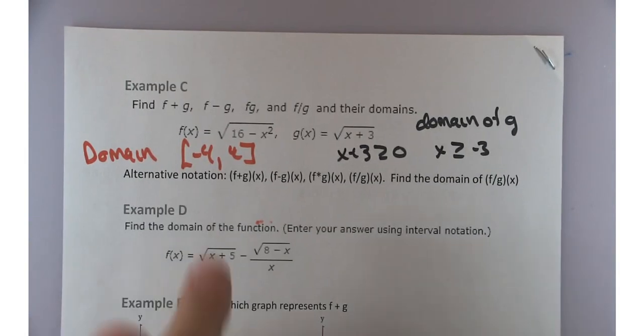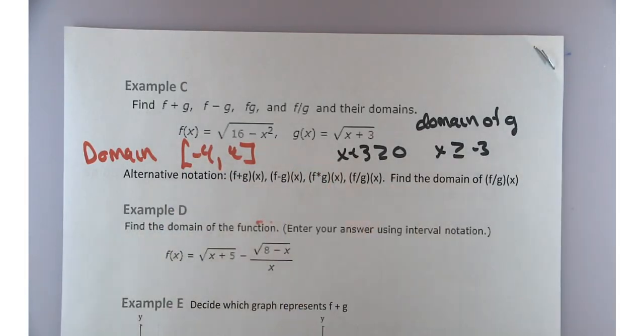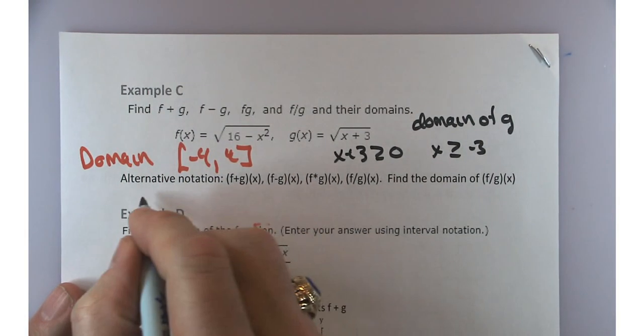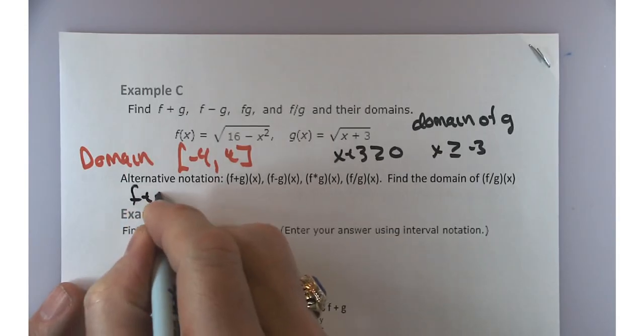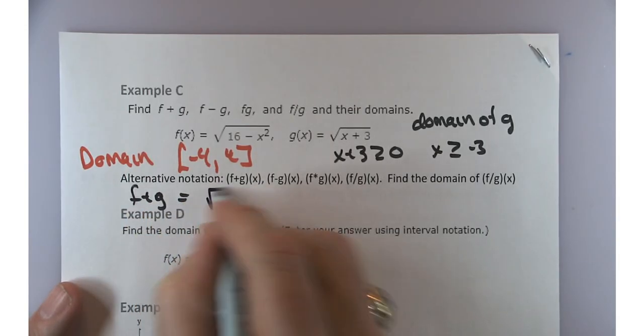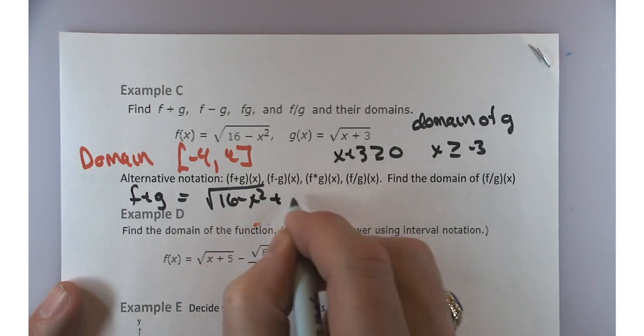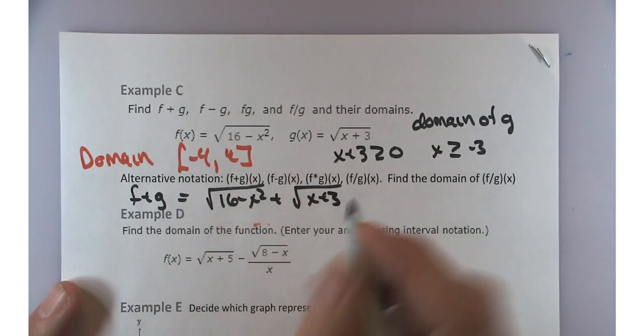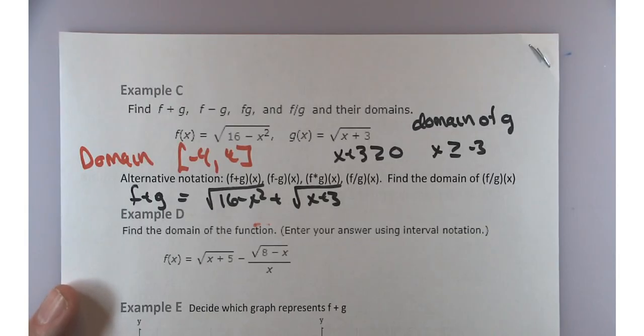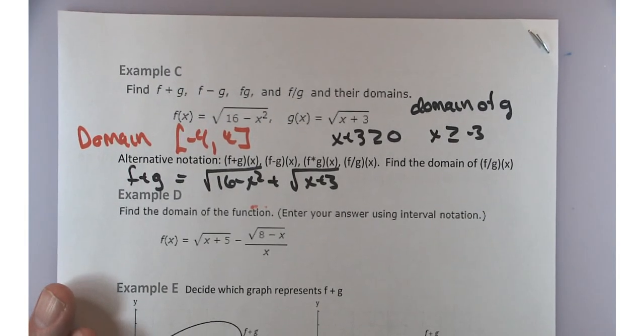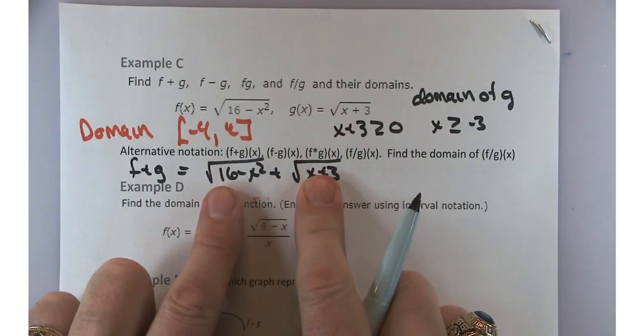All right, so let's take a look at the function f plus g. f plus g of x is simply going to mean the square root of 16 minus x squared plus the square root of x plus 3. But that's only going to be defined where the domains overlap.